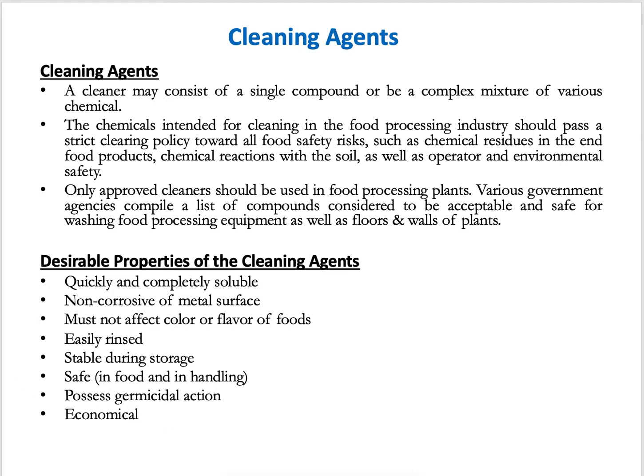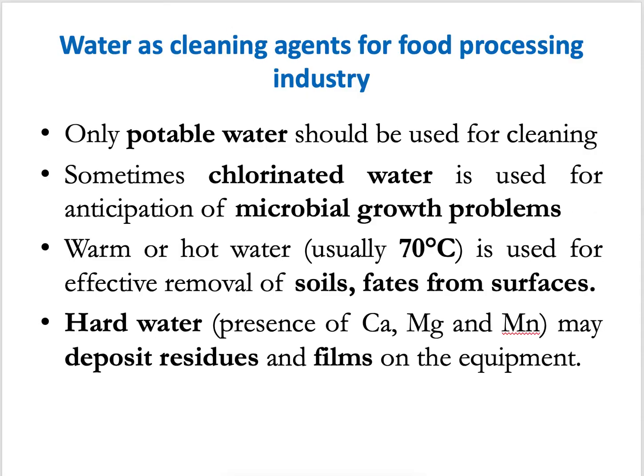Now we'll talk about the different types of cleaners that are used in washing the food processing plant. So first, water. Water is definitely a cleaning essence. We all know water is the main thing that we use to wash everything. However, if you want to use water, only potable water should be used for cleaning.